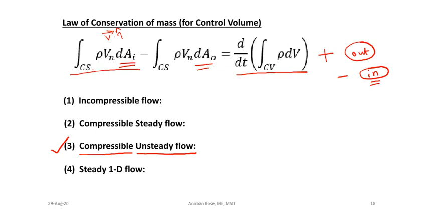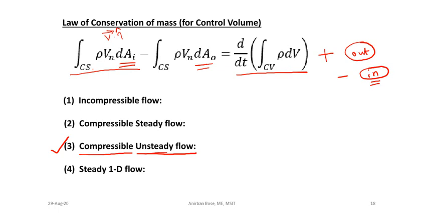So in that way, you cannot take this rho out of the integration. So the form for compressible and unsteady flow means that with respect to time, the properties of the control volume may change. Okay, so that is the unsteady flow. Properties can be flow parameters, or properties like pressure, velocity, mass.